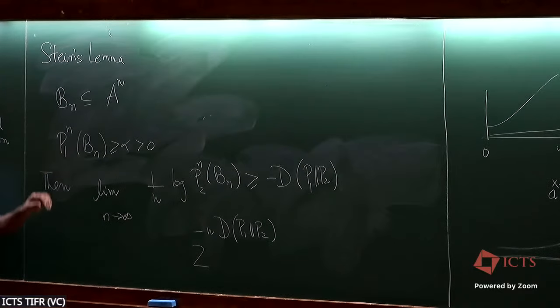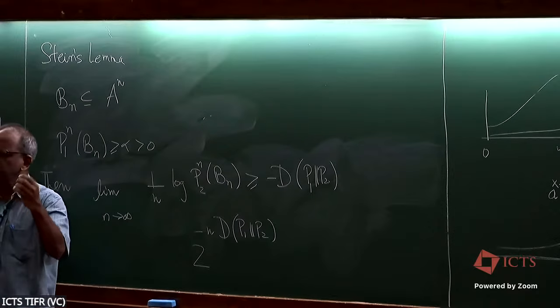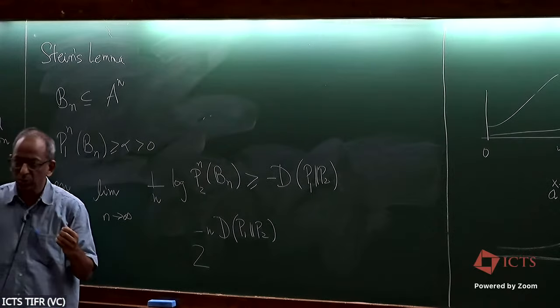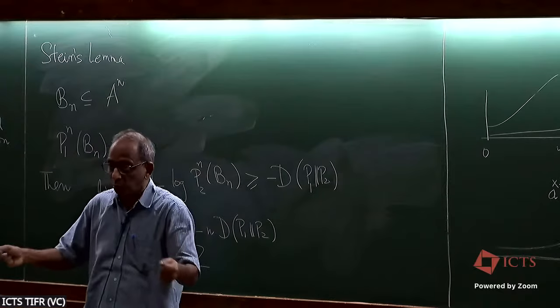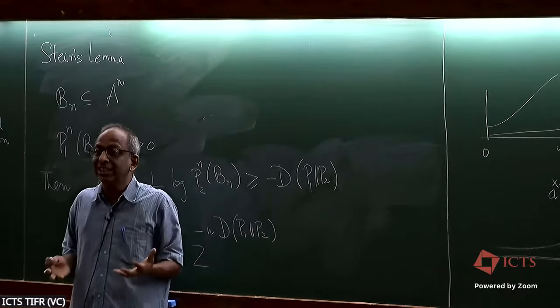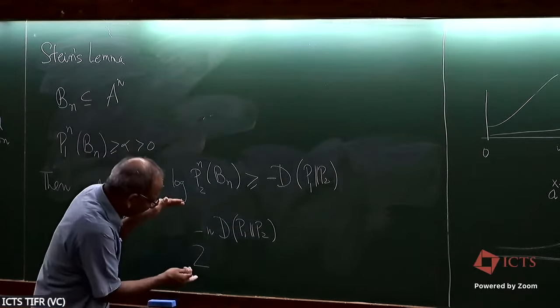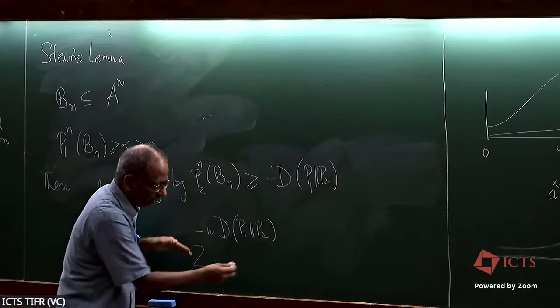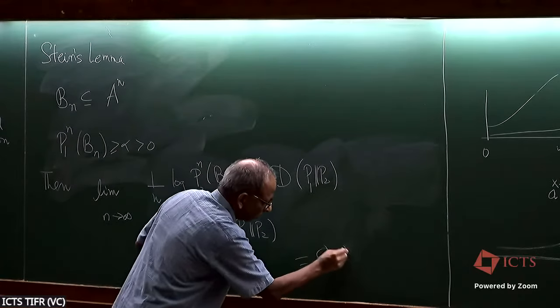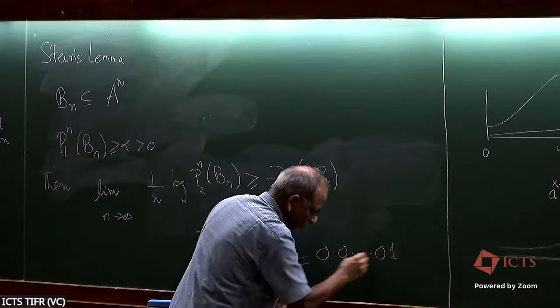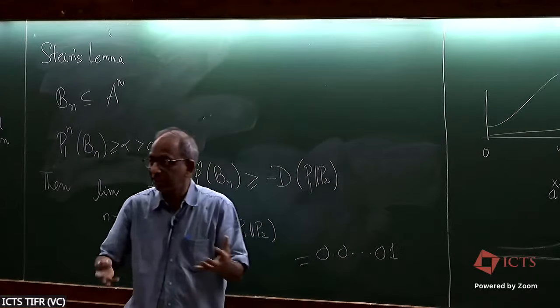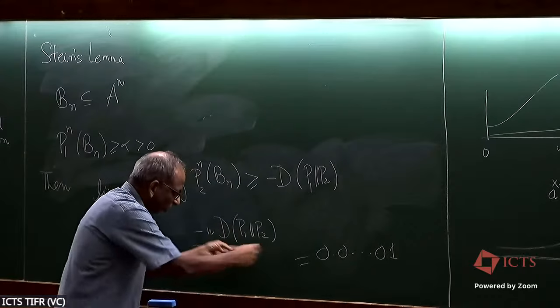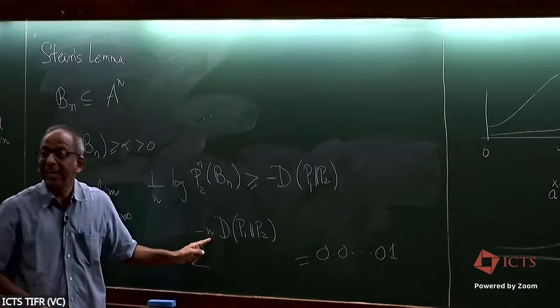But if you are in P2, I want this to be 0.000001. So how many tests do I need to do so that I have this level of confidence? You will set this quantity to be equal to whatever level of confidence you want. And then you will solve for n.